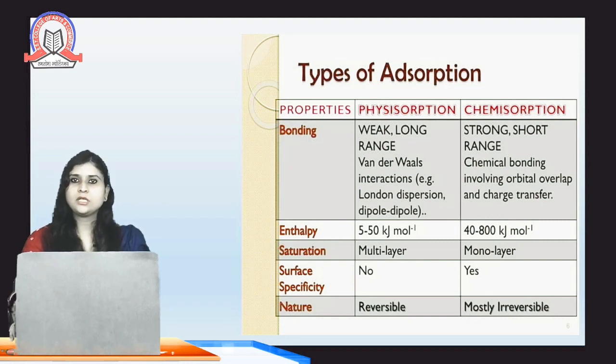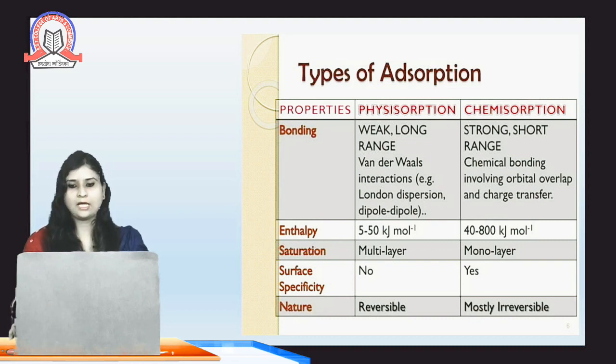As we have seen, ions can also perform adsorption. So when opposite ions of adsorbate and adsorbent come in contact, a strong bond formation takes place for a short time, and chemisorption takes place.